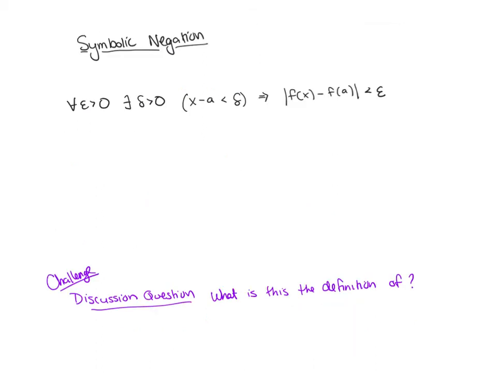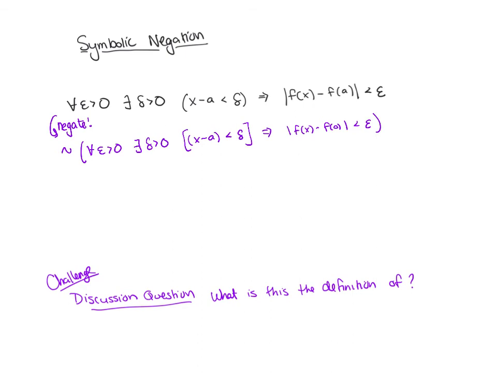Let's go ahead and practice with a symbolic negation here. So I want to negate this sentence. I'm going to do the negation of: for all epsilon greater than 0, there exists a delta greater than 0, such that the absolute value of x minus a less than delta implies the absolute value of f of x minus f of a is less than epsilon.